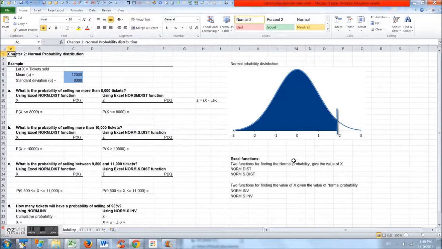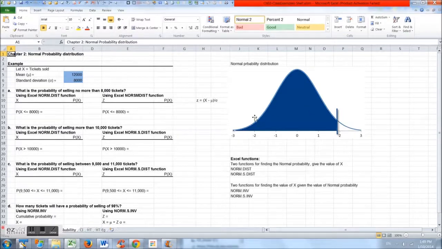If x is known, you use either of the two, and that will give you the cumulative probability. For example, if this is x, the function will give you the probability that is x or smaller than x.